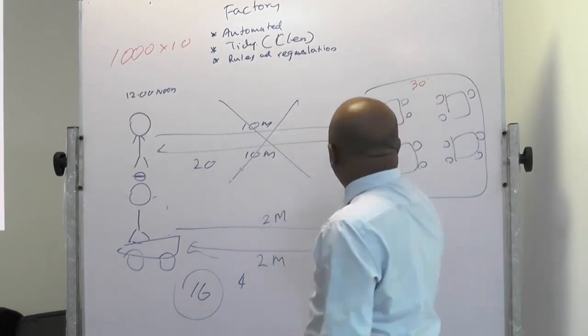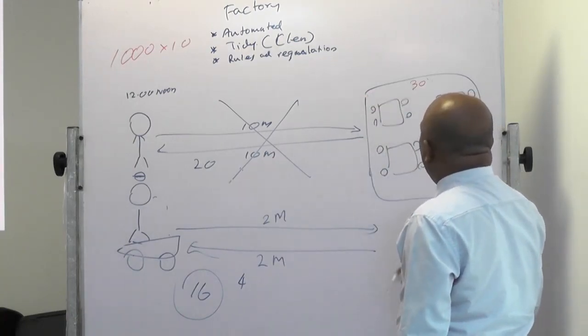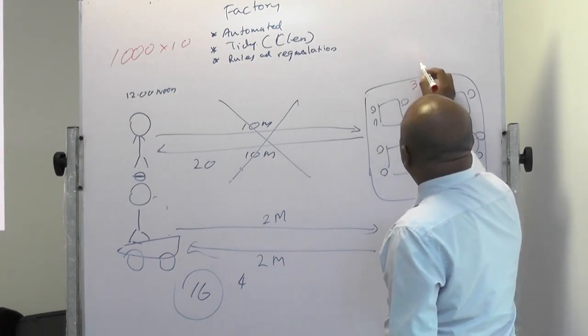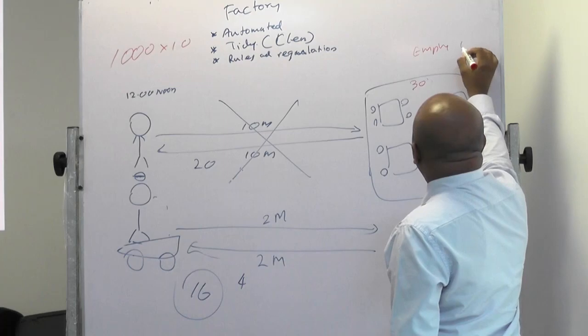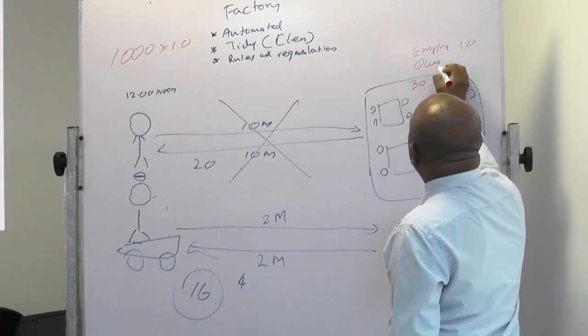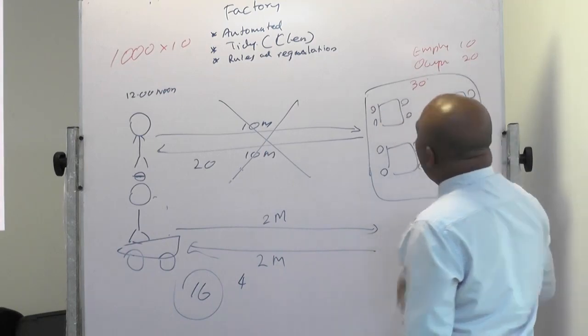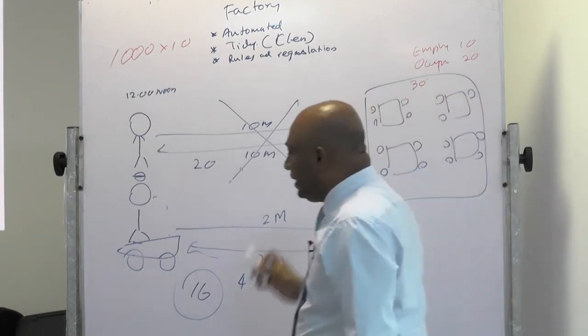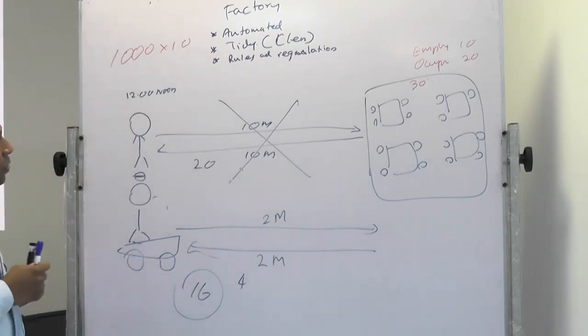So, you are going there, this is occupied, you cannot have your lunch. So, if there is a mechanism which gives empty places, 10 is available, occupy how many? 20. Say you know that there are empty places, then you can go. You do not want to waste time. So, all the waste has to be eliminated.